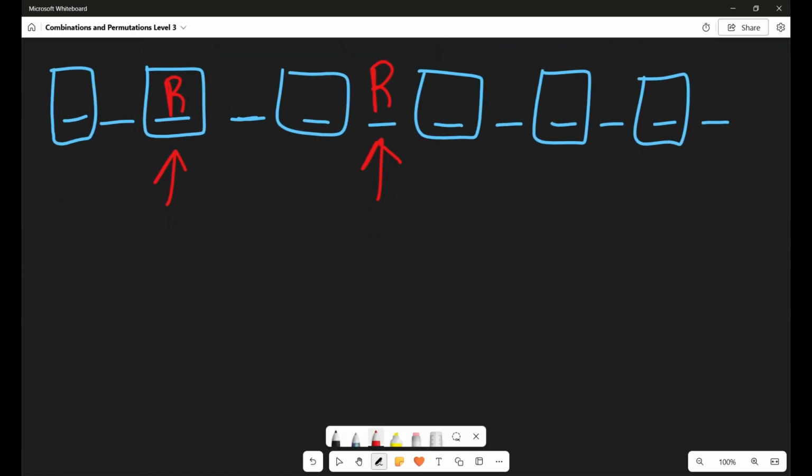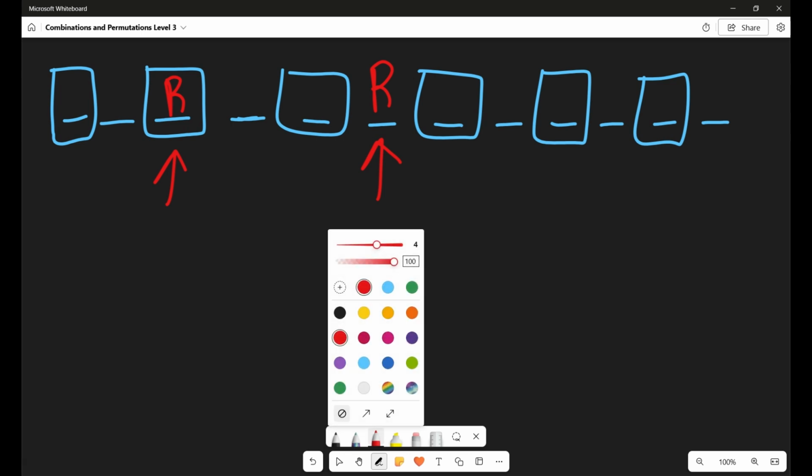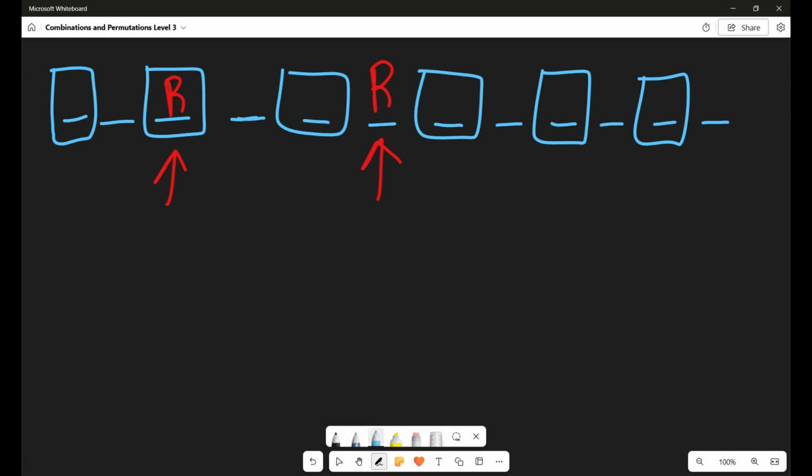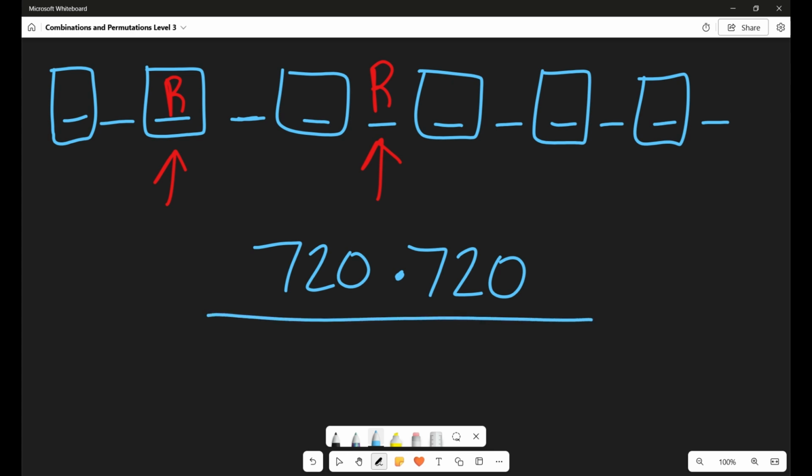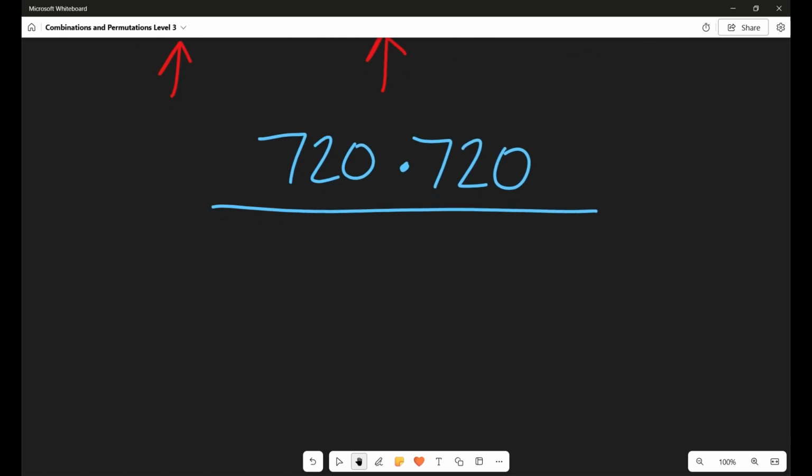Now that we have this observation, we can just proceed with our calculations. There's 720, which is 6 factorial, ways to decide which color goes in each of the odd numbered spots. And similarly, there's another 6 factorial or 720 ways to decide for the even numbered spots. And our denominator for the probability will just be the number of ways to lay out all of the blocks in any order.